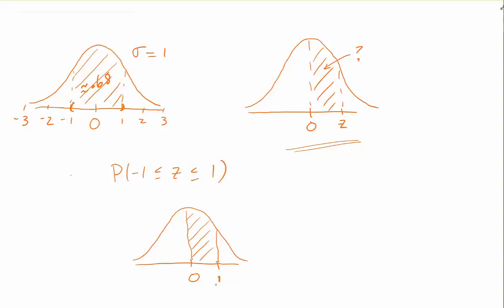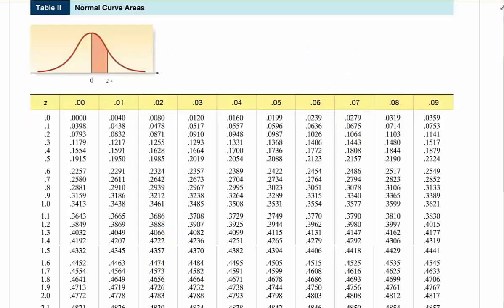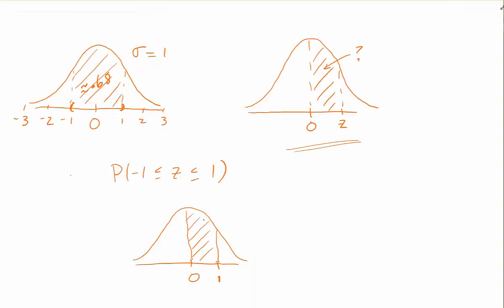So I need to go to the table and look up 1. I've got this z value equal to 1. So looking up the z value, go down here, z is 1, I get 0.3413. So this area from the center out to z is 0.3413.